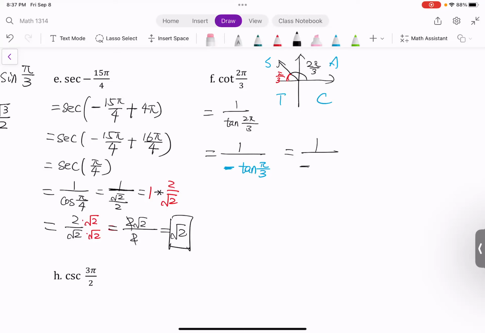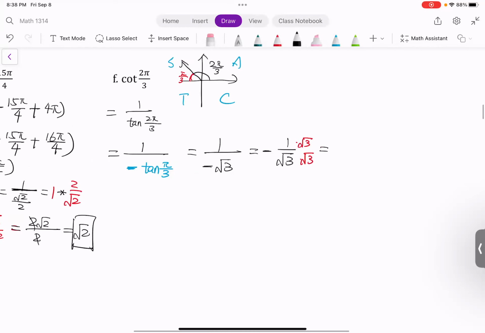What is tangent pi over 3? That's square root of 3. Then I move the negative sign in front, and I'm having 1 over square root of 3. Then we need to rationalize this expression. I'm having negative square root of 3 on the top, and the bottom is 3. So the solution is negative square root 3 over 3.